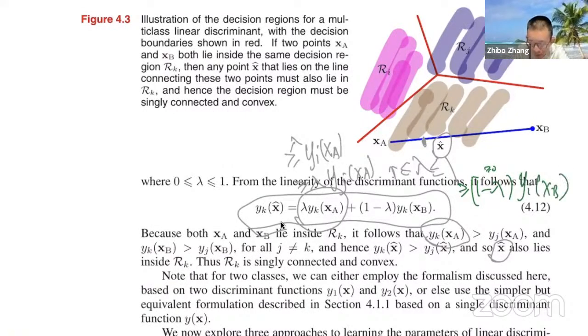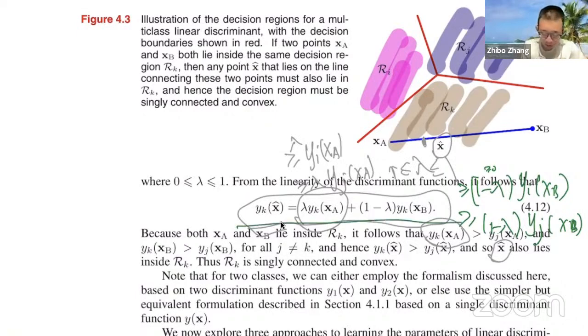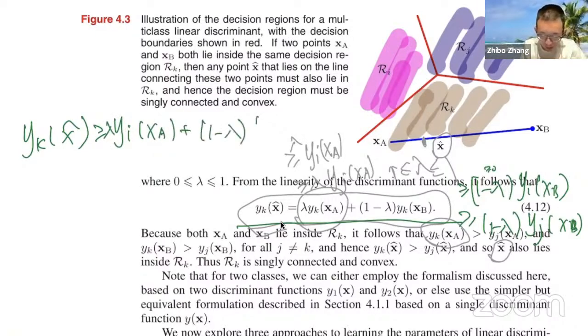So it is greater than or equal to 1 minus lambda yi xb, also greater than or equal to 1 minus lambda yj xb. So the whole thing, yk of x-anchor, is greater than or equal to lambda yi xa plus 1 minus lambda yi xb, which equals yi of x-anchor.